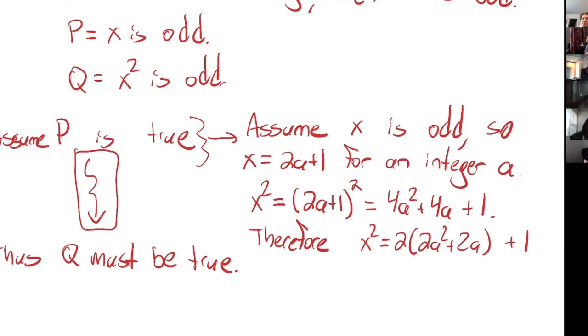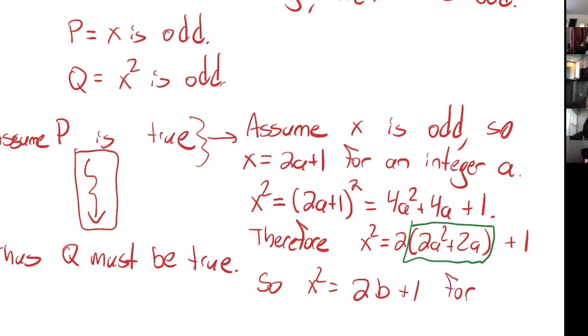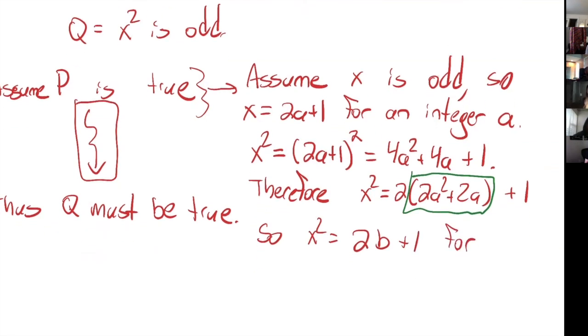Okay, factoring a 2 out of each of the first two terms. So what we've just shown is that x squared now can be written as 2 times an integer plus 1.